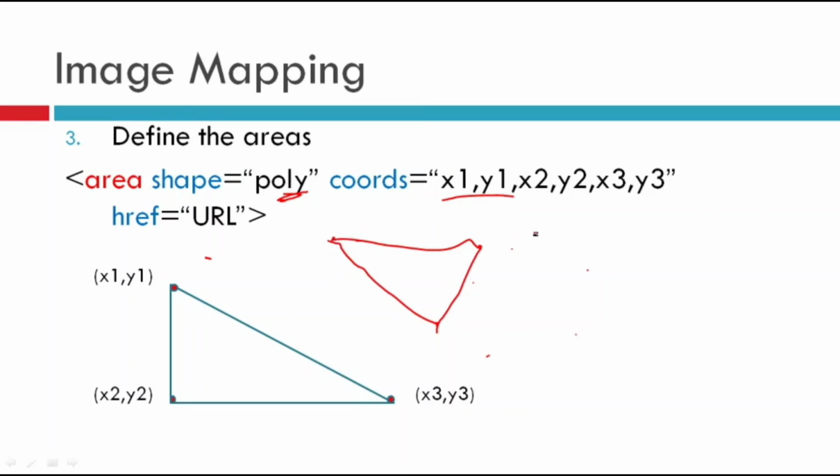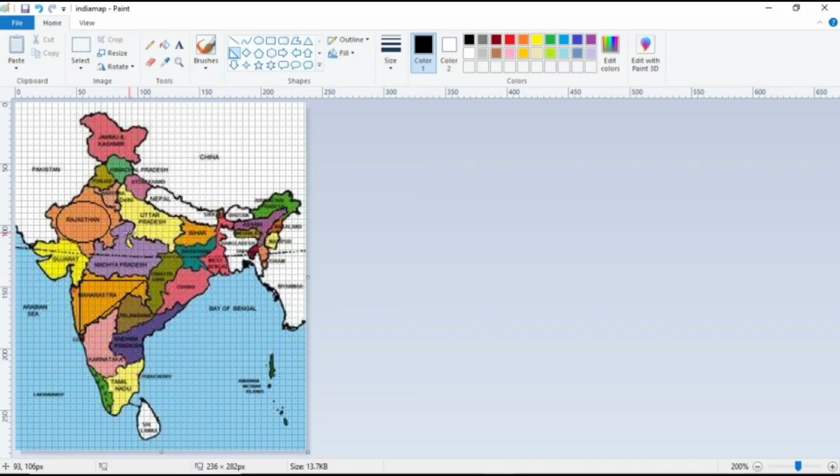By this the figure of the polygon will be obtained. And again you have the href, which has the value of the URL. So whenever we click anywhere within this area of the triangle or polygon, this website or URL will be opened. It is going to be linked to this URL. Consider this map of India, and I will show you how to find out the coordinates.